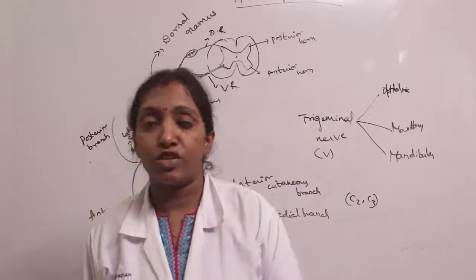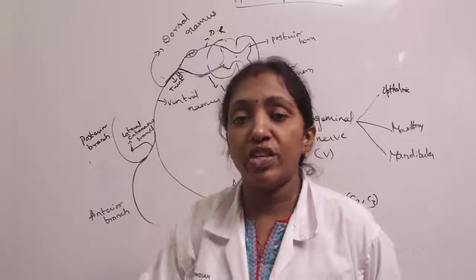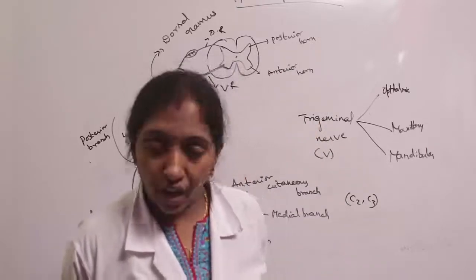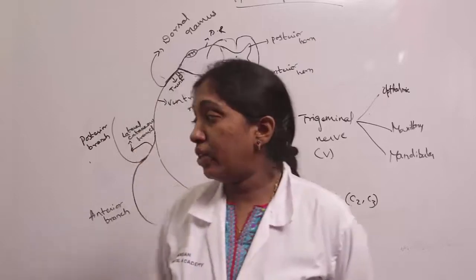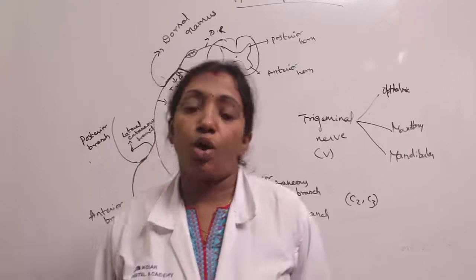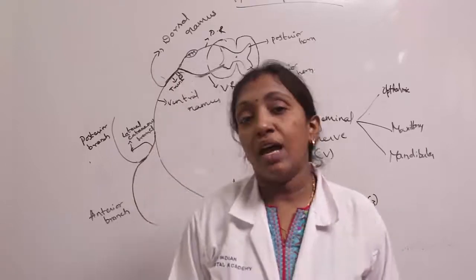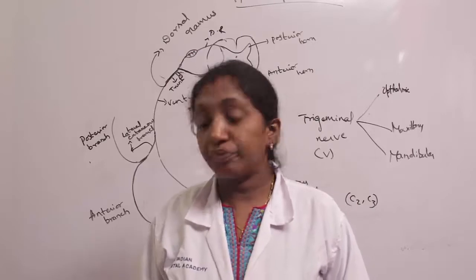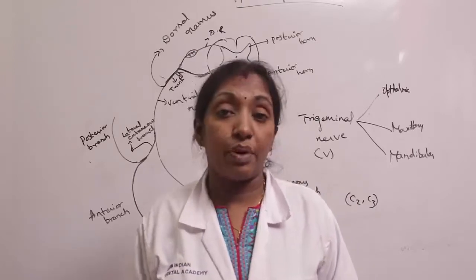The superficial temporal artery is the terminal branch of the external carotid artery. The posterior auricular artery is also a branch of the external carotid artery, and the occipital artery is also a branch of the external carotid artery. That's about the arterial supply of the scalp.